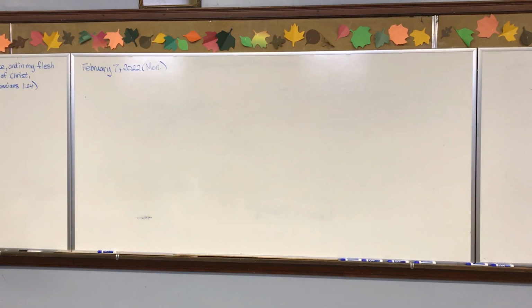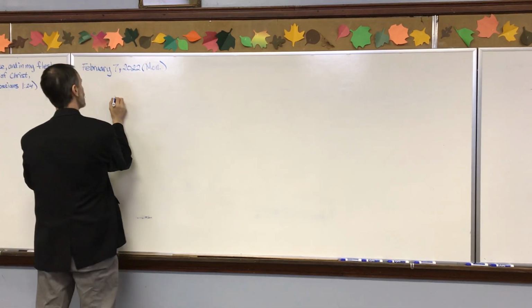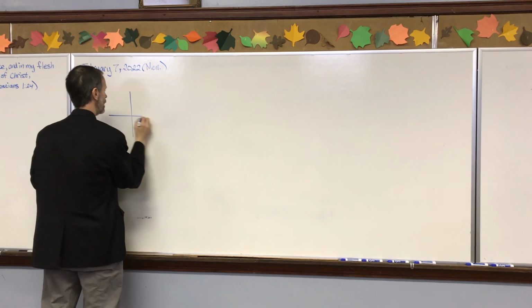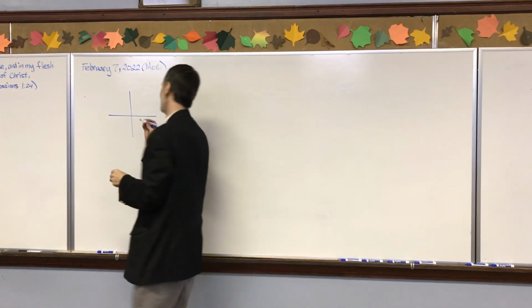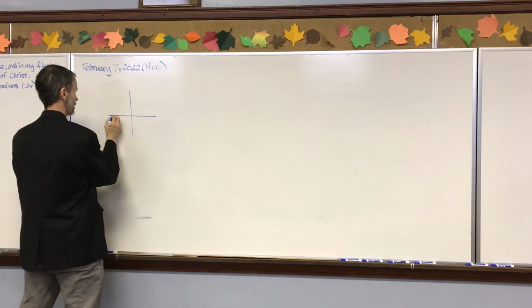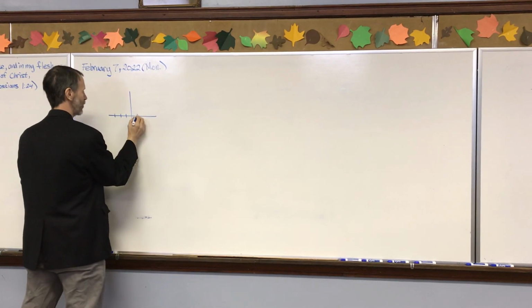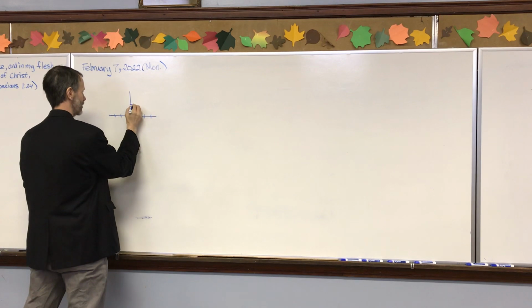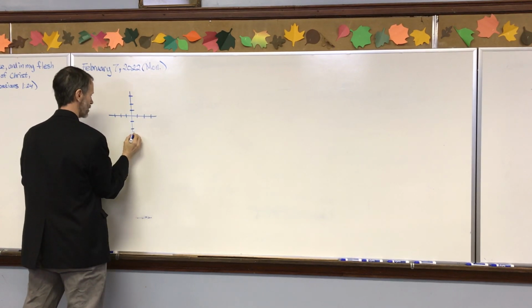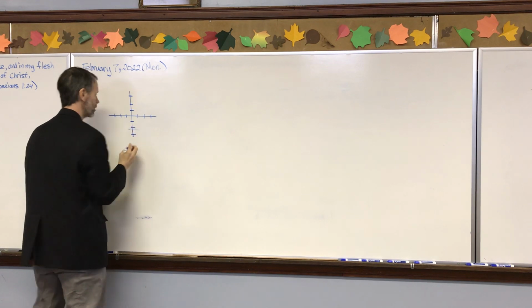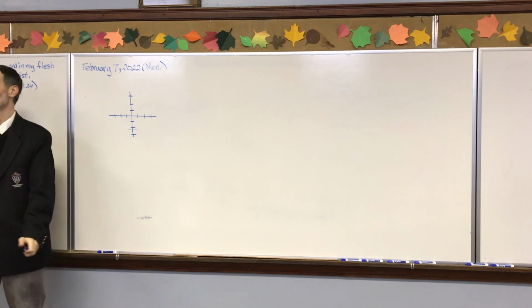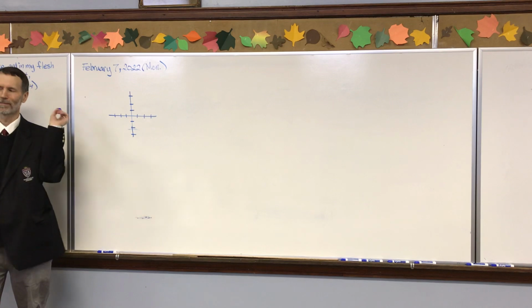Let's try something. I'm about to give you a relatively weird graph. Go out 3 spaces, up, down, left, right. Go ahead and sketch that in. This is in your notes, gentlemen.